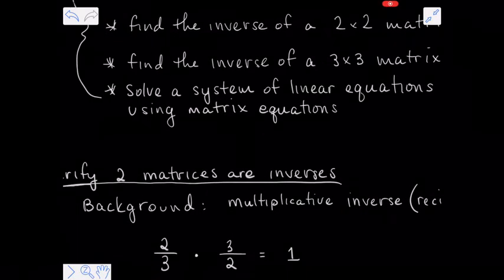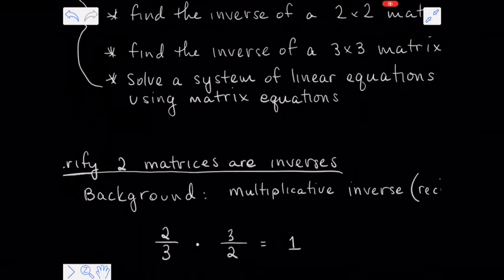So for example, here, I've got a value of 2/3. Its reciprocal, or multiplicative inverse, so 3/2 would be the multiplicative inverse of 2/3. If you multiply those two together, then you get 6/6, which is 1.